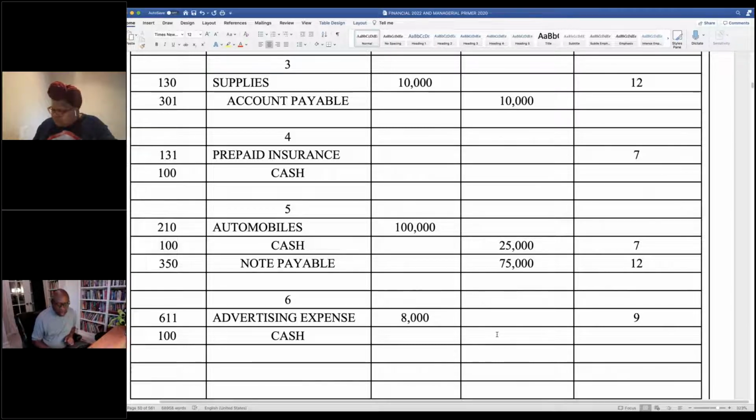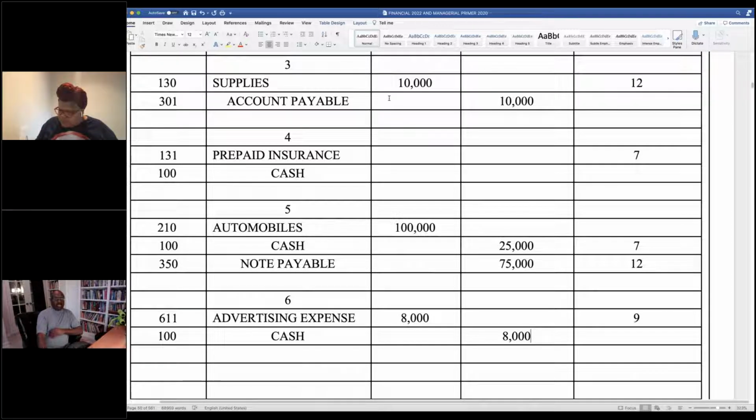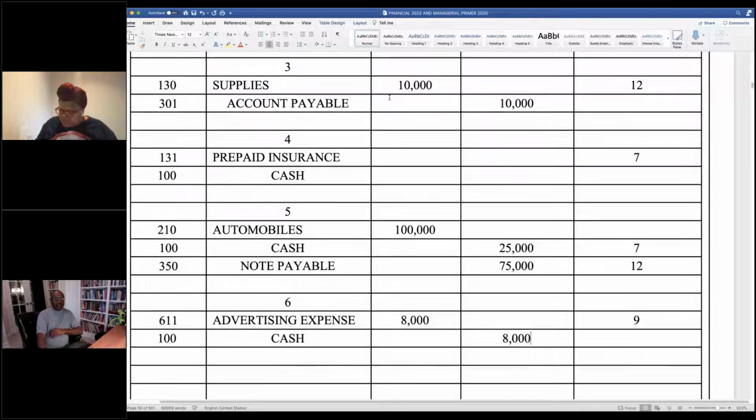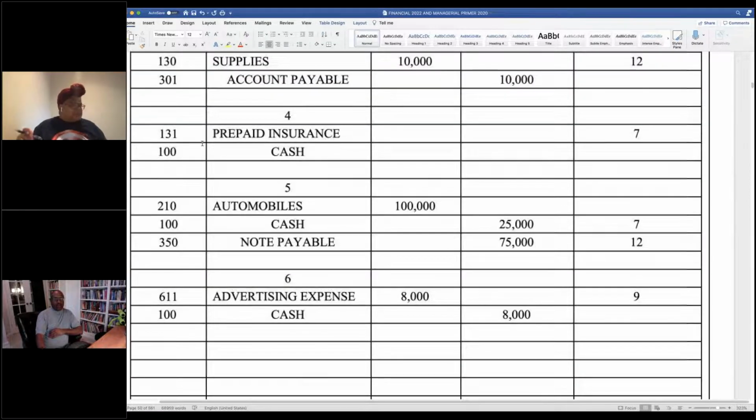So this is the starting point of accounting, and if you can't do this, you can't do anything else. So just a question: cash would always be 100 as an account number? Yep. Okay.